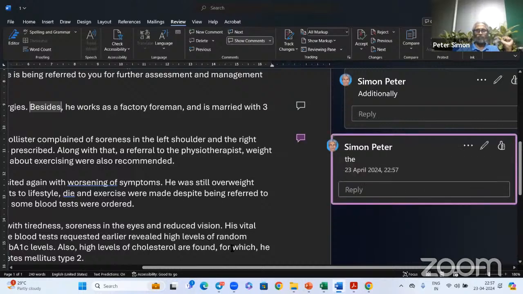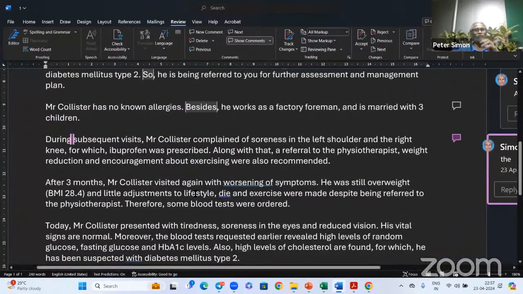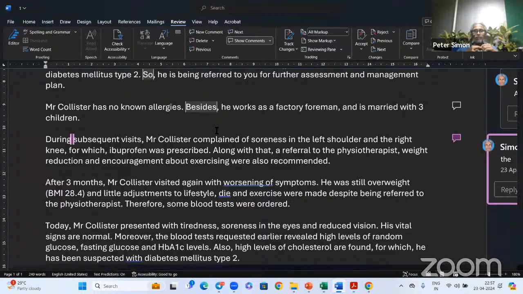During the subsequent visits, Mr. Collister... Where is the first visit? You're saying subsequent visits. If you say first visit, then you can say subsequent visits.